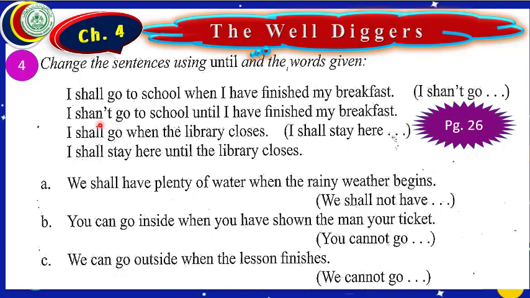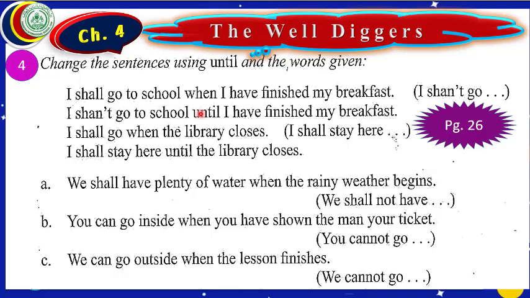When we change it into negative, in the middle, we cannot use when. We cannot say I shan't go to school when I have finished my breakfast. Here we shall write until. What shall we write here? Until. If we write here when, the meaning will not be the same. To keep the meaning the same, we shall write here until.